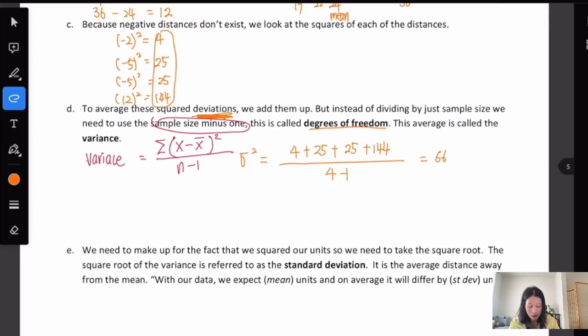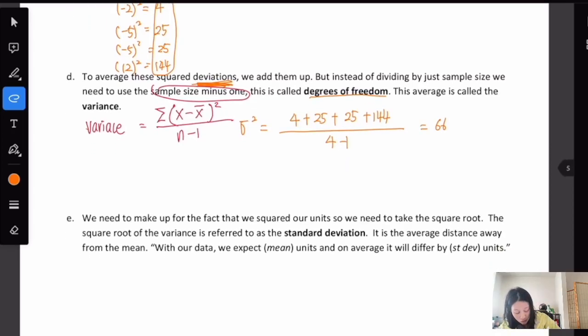Okay, so we need to make up for the fact that we squared our unit. So we need to take the square root. The square root of the variance is the standard deviation. So now all we need to do is find the standard deviation. Let me write this down.